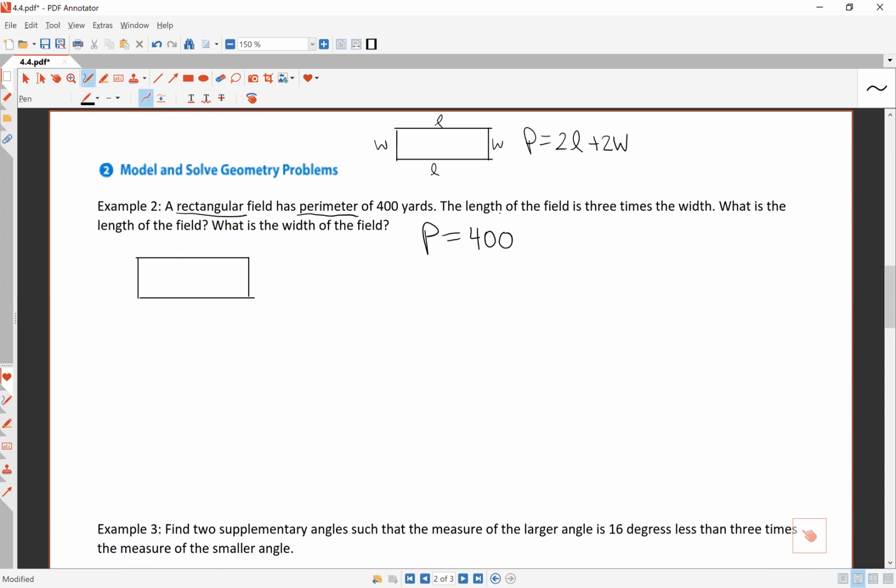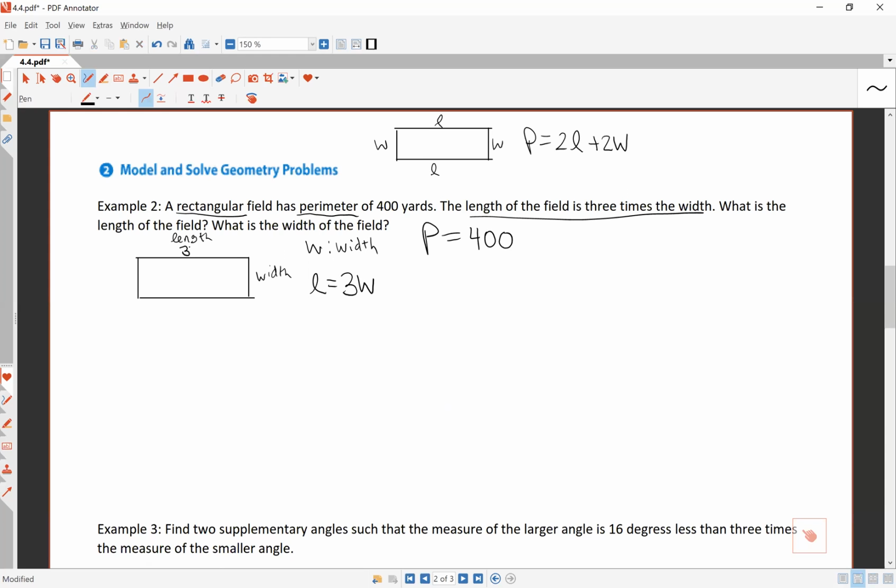And the length of the field is 3 times the width. So we'll let W be the width, and then our length, which is L, will be 3 times the width.